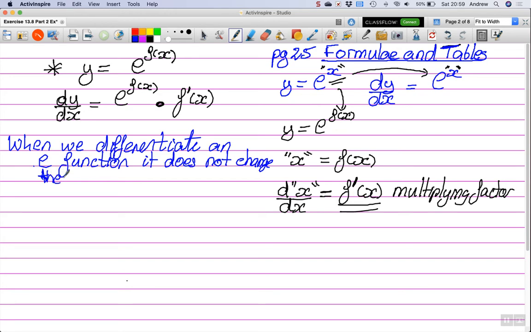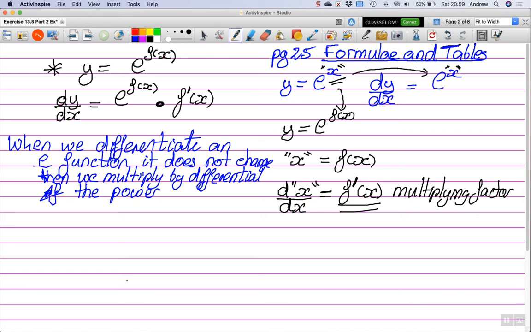Then we multiply by the differential of the power.